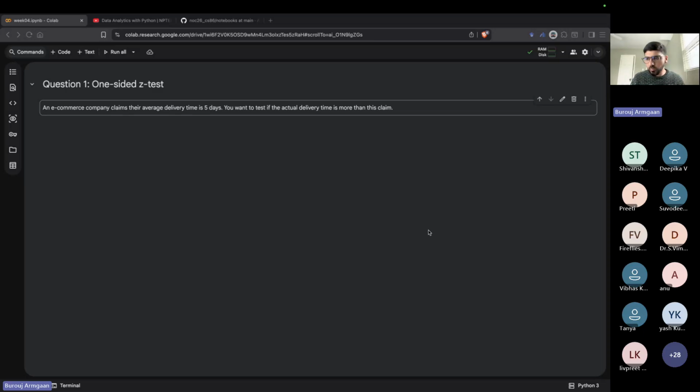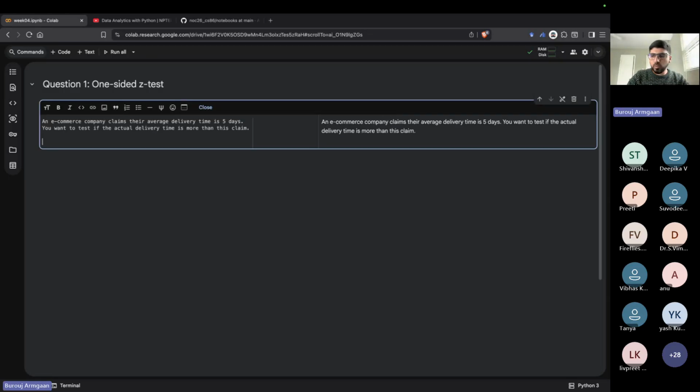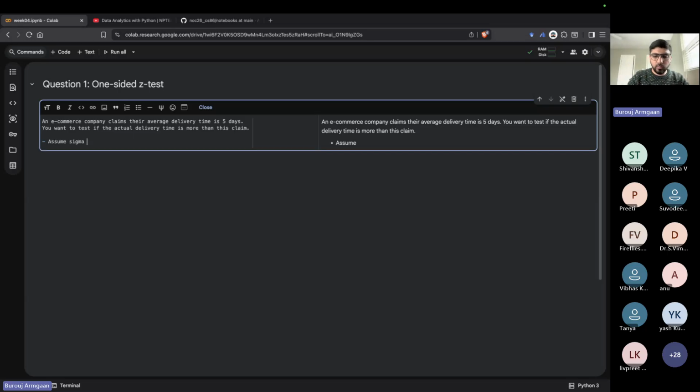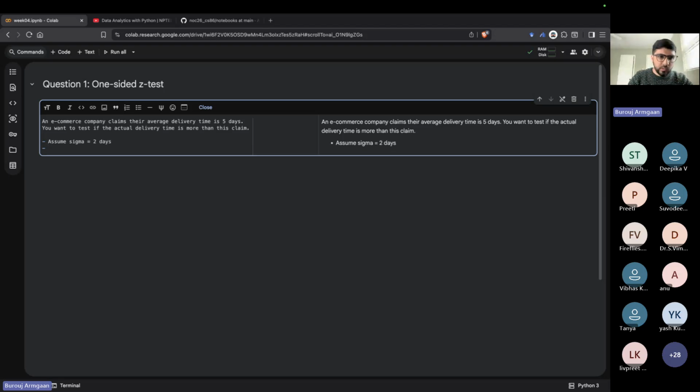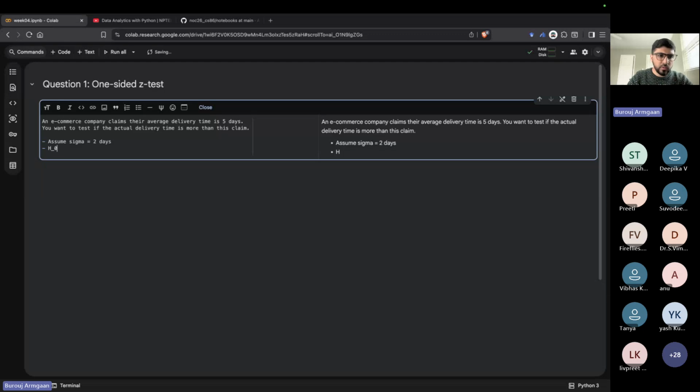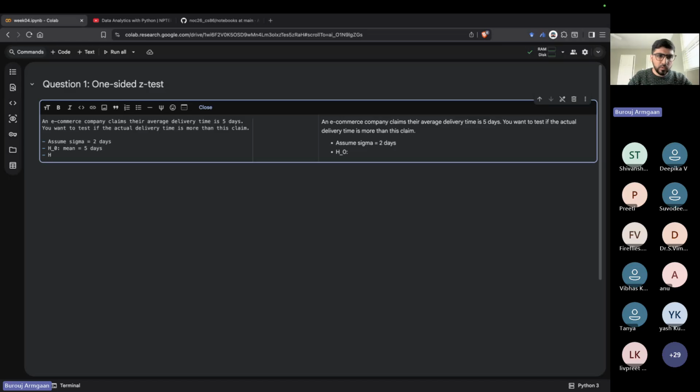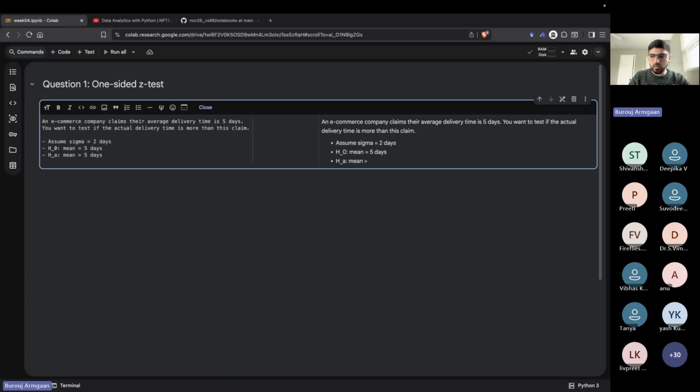So we have some sample for that. If you assume that their standard deviation is 2 days, can you test the null hypothesis that the mean is equal to 5 days against the alternate hypothesis, which says the mean is greater than 5 days?